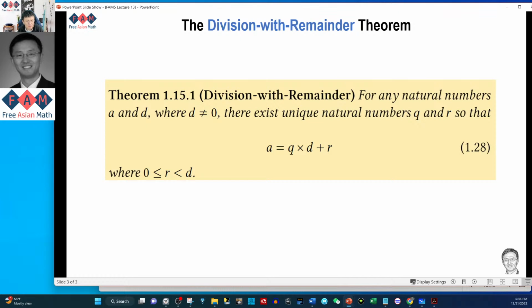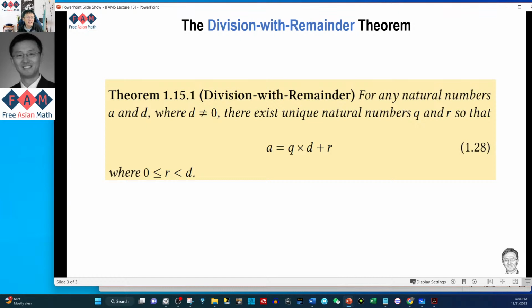But in general, we will have some remainder, and this remainder is strictly less than the divisor D. Okay, that's how we find it. So you just repeat subtracting this, and this is called division with remainder.